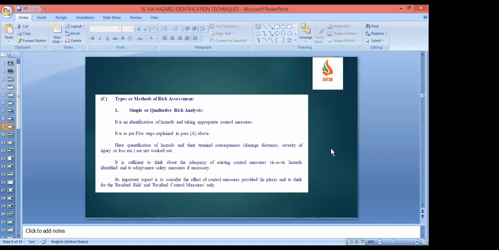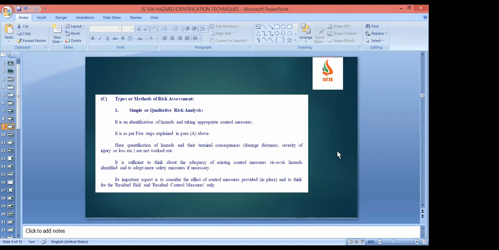Now we'll see some of the types or methods of this risk assessment. A simple or qualitative risk analysis is identification of hazards and taking appropriate control measures. Simple or qualitative risk analysis is as per the 5-step method we have already seen.